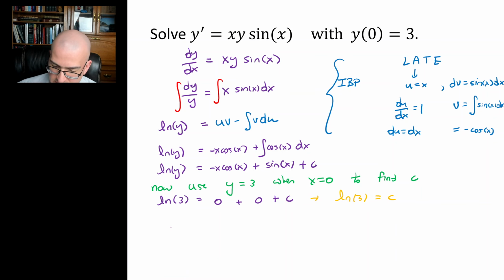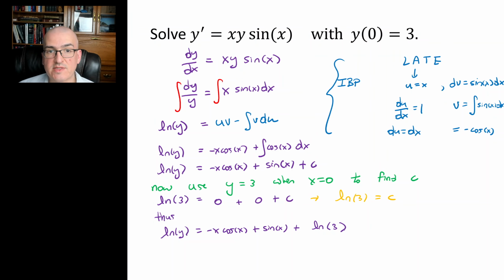Okay, now we have, thus, ln y is equal to negative x times the cosine of x plus the sine of x plus ln 3. And we can get y all by itself by raising both sides as powers on a base of e.